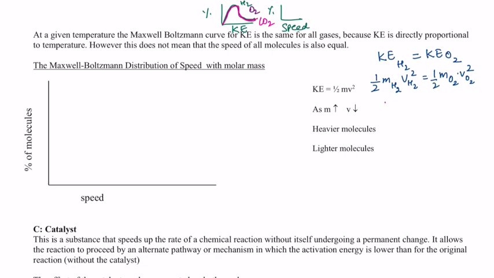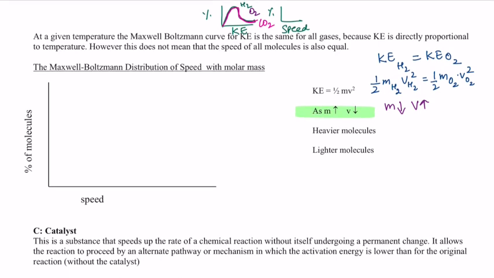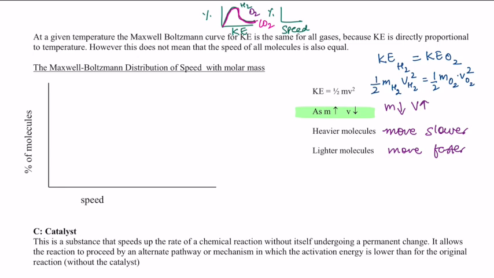This means as the mass decreases, to compensate for that, velocity must increase, or the other way around. If the mass increases, then to compensate, velocity must decrease.